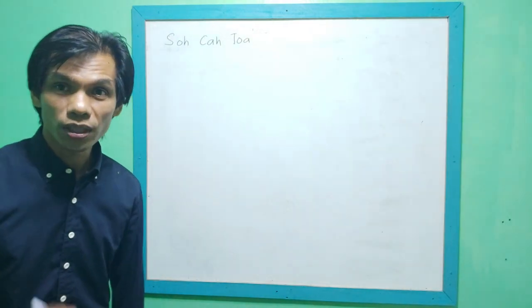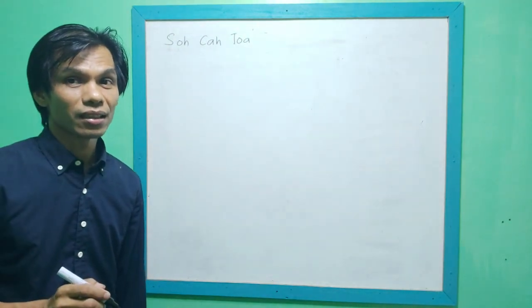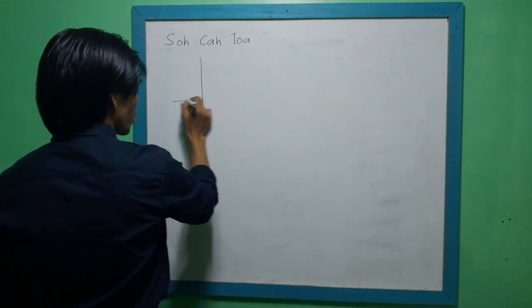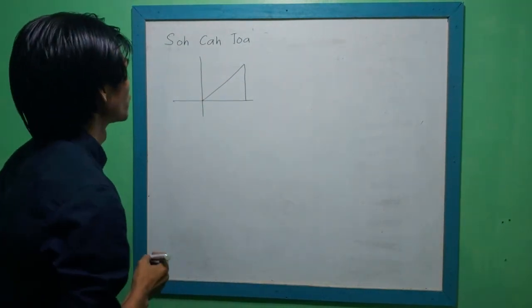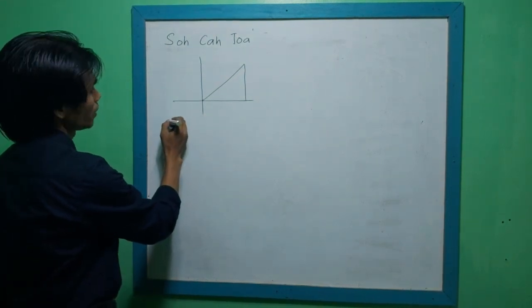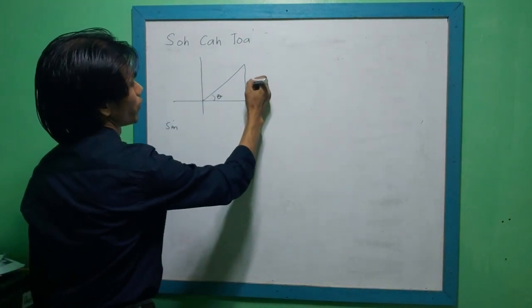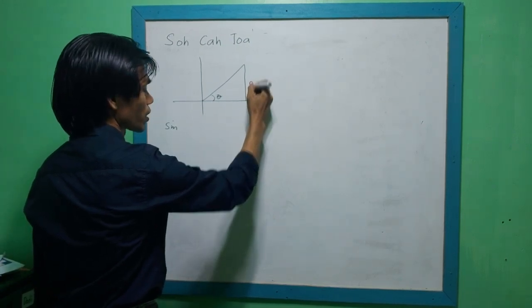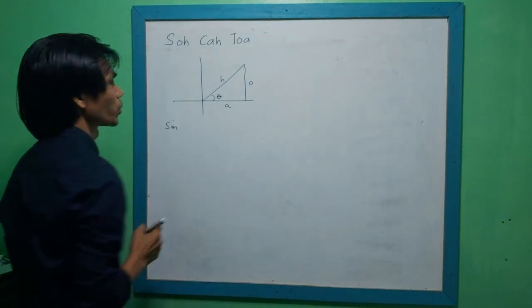Pagkatapos, yung O is the opposite, H is the hypotenuse, and A is the adjacent. Ngayon, kung titingnan nyo dito, for example, ang sine theta natin, if we have here theta, for example, this is the opposite, this is the adjacent, and this is the hypotenuse.